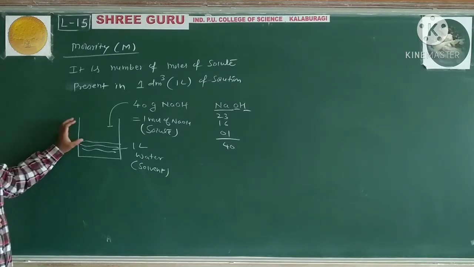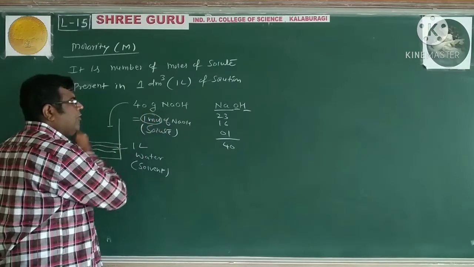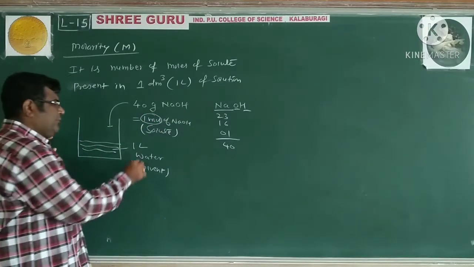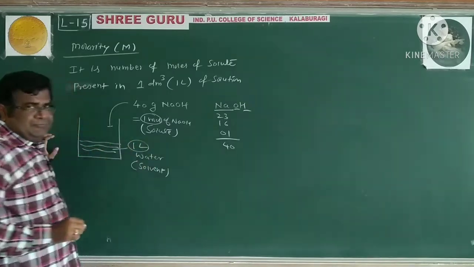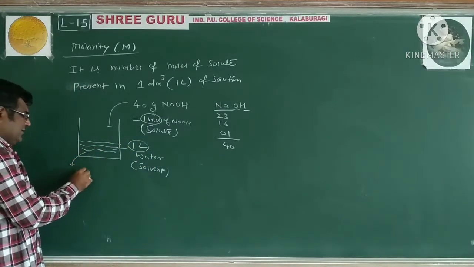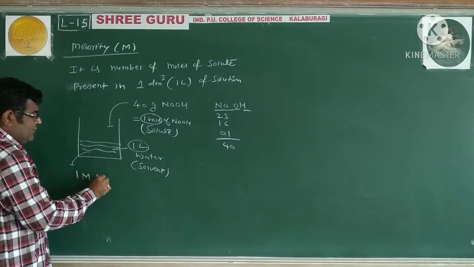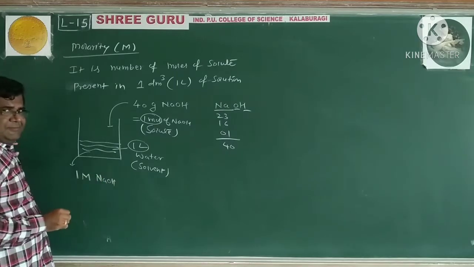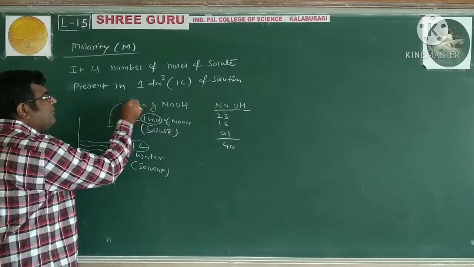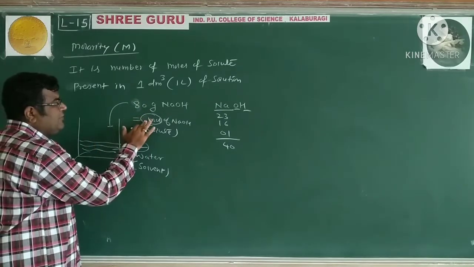Now how many moles of solute are present? 1 mole of solute is present. In how much solution? 1 liter of solution. So we can say this solution is 1 capital M, which means 1 molar sodium hydroxide. If we add 80 gram of sodium hydroxide, this becomes 2 mole.